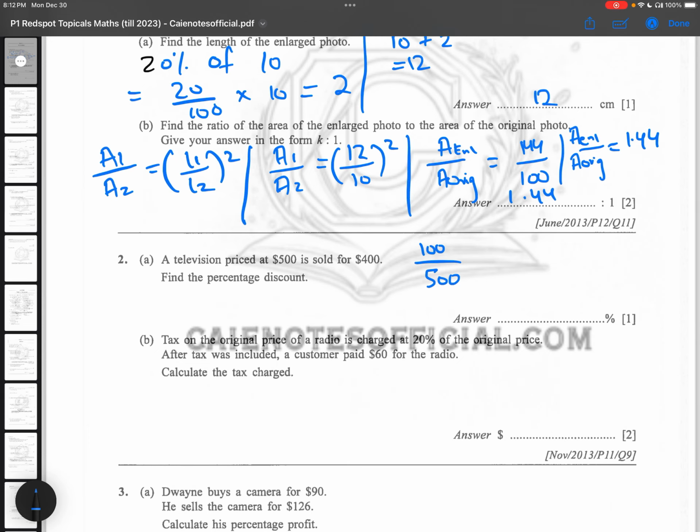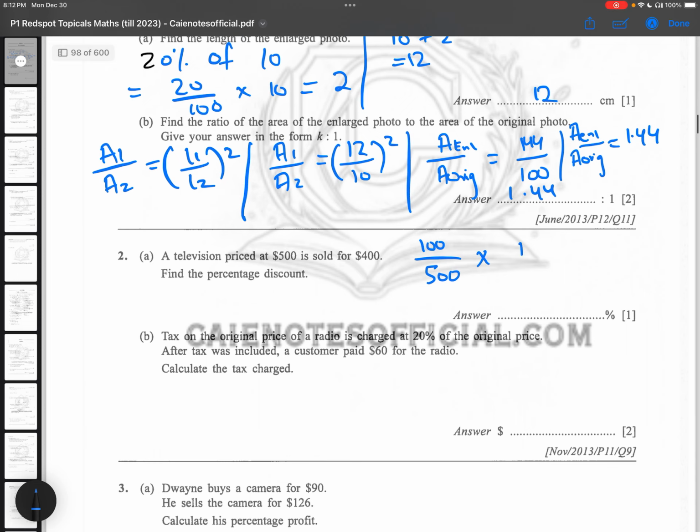Discount came from the price of 500. I will multiply it with 100. So when we do that, these zeros cancel out. And 100 upon 5 is 20. It means the discount is 20%.